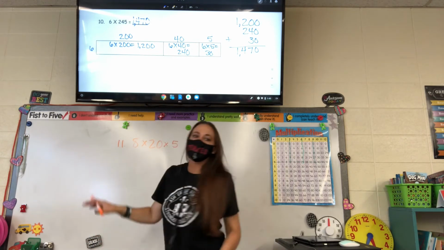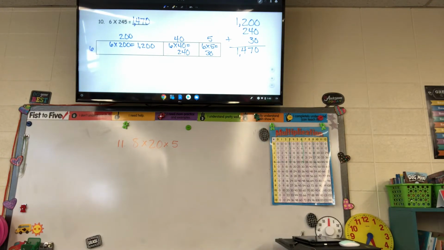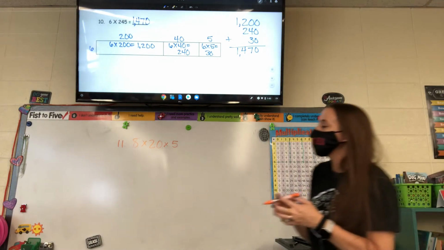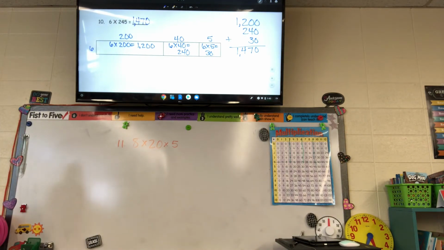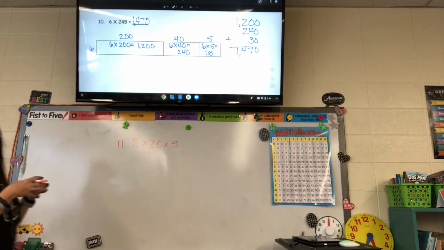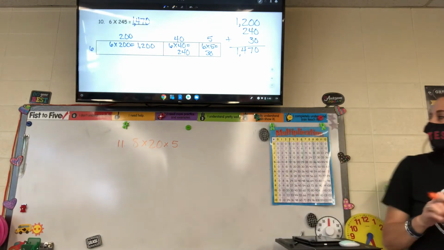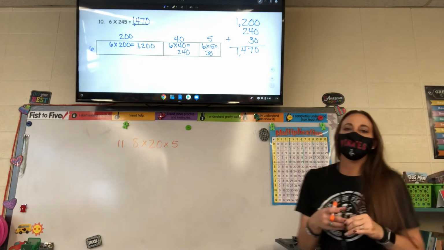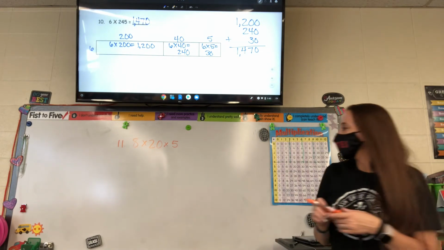Okay, so we're on number 11 and it says 8 times 20 times 5. So we have to figure out which 2 numbers we want to multiply together first that are going to make a beautiful, lovely number that's easy to multiply in our head. So Shelby, which 2 numbers do you think we should multiply together first? 8 times 20? Nope.